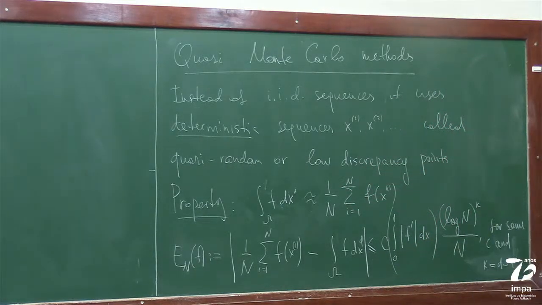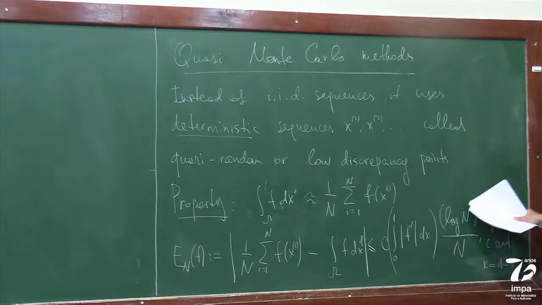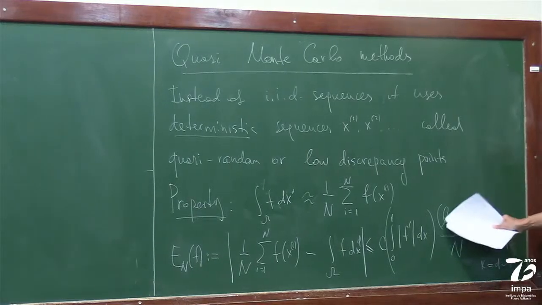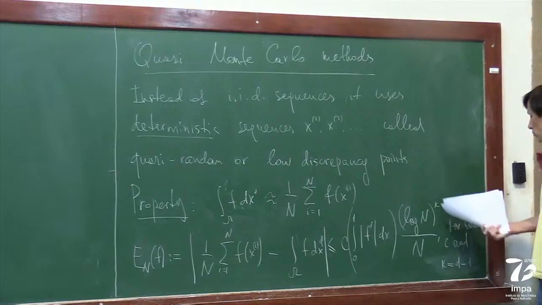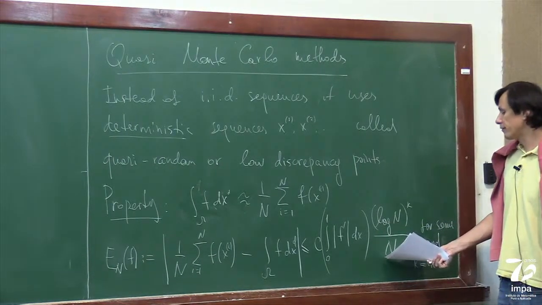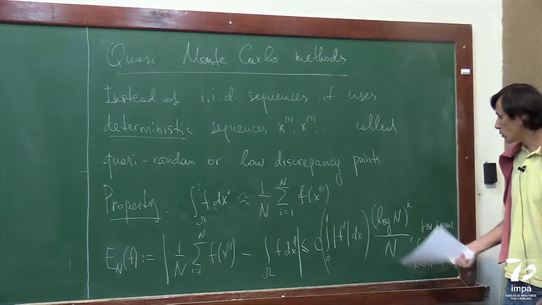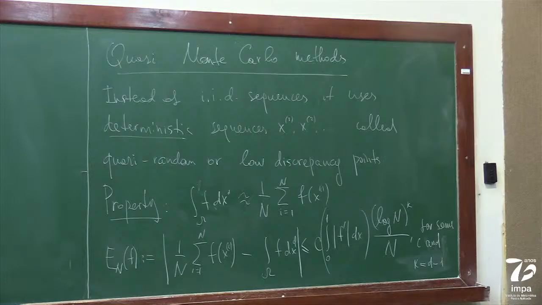And then it converges faster. If the dimension is high, this numerator can be large, but it's a log, and log is always small. With large n, and in Monte Carlo you usually take very large n, the denominator wins. So it also wins against the square root.